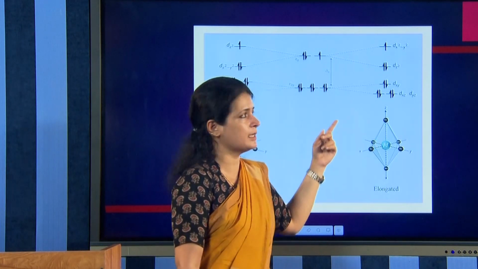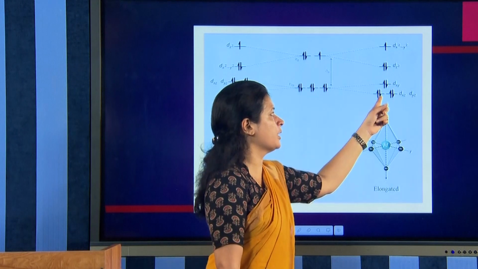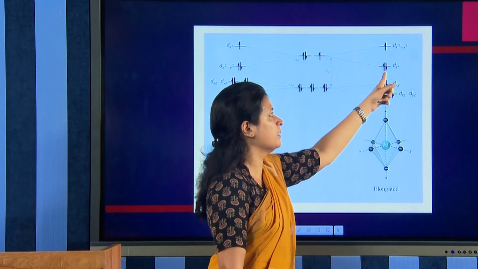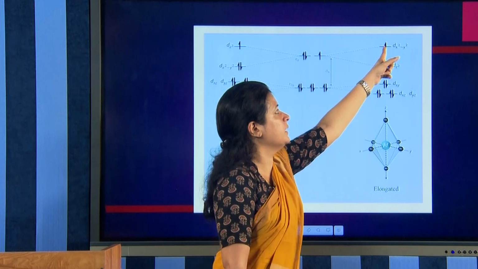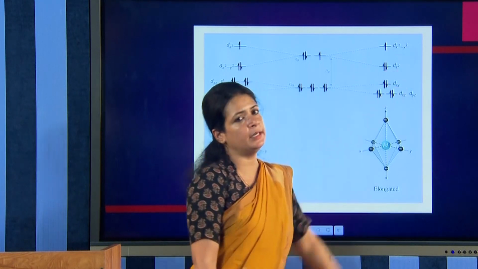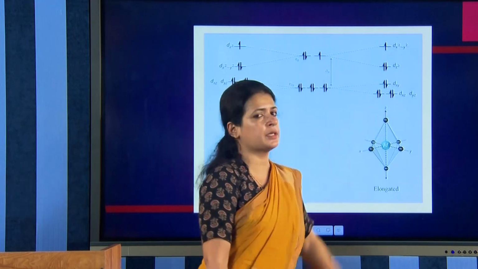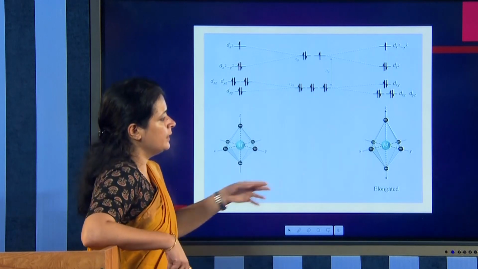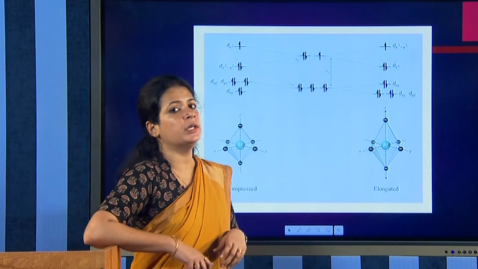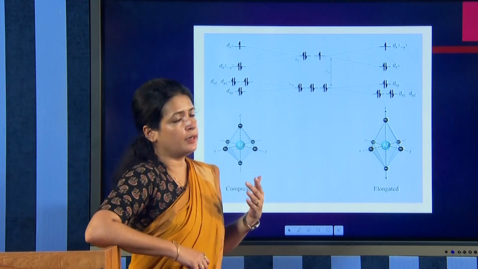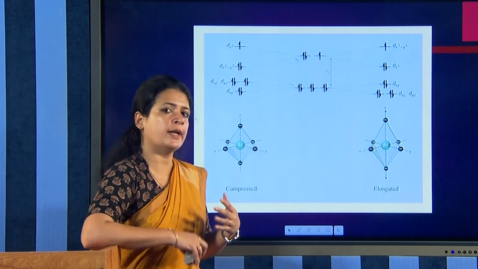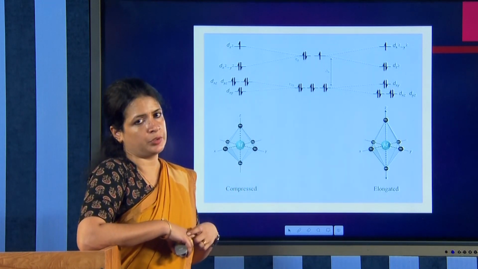We have a D9 system. So, after 6 electrons in the T2g, the 7th will move, the 8th here and the 9th will occupy the dz square. Why? Because dz square has a lower energy. This is also called Z out distortion. So, tetragonal elongation is also called Z out distortion.